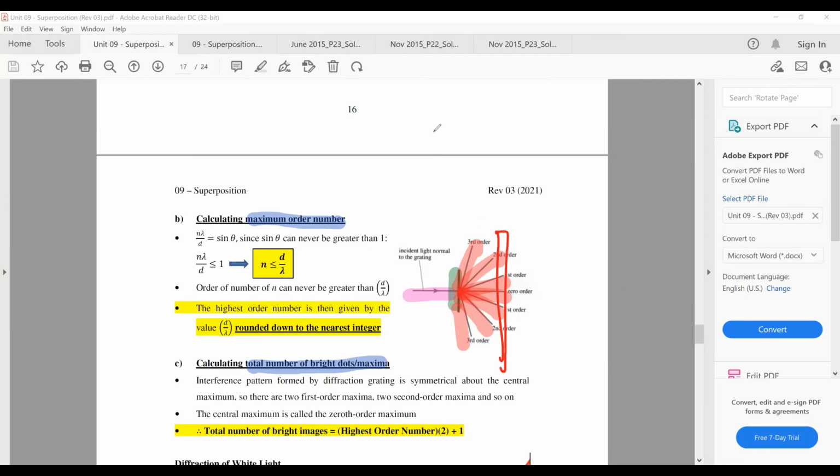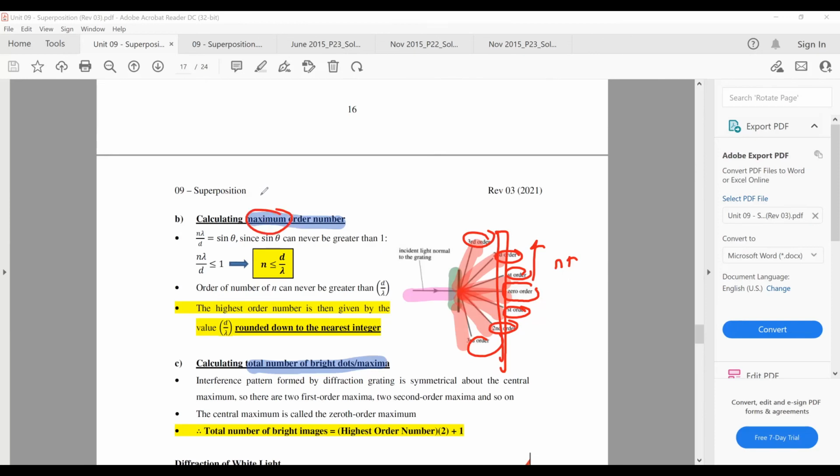So I mentioned specifically to you, the bright dot or maxima at the center is 0 order, and then from there you start to label it first order, second order, third order, and it is symmetrical about the center line. So the order number cannot increase indefinitely. It will reach a maximum eventually.